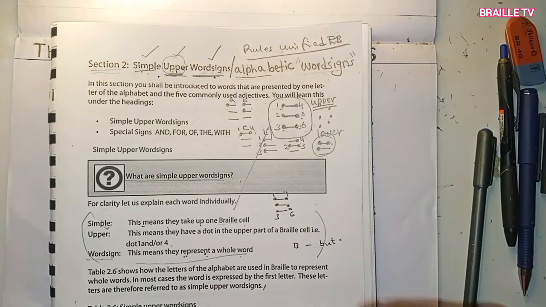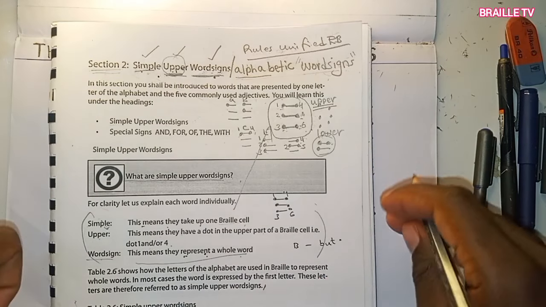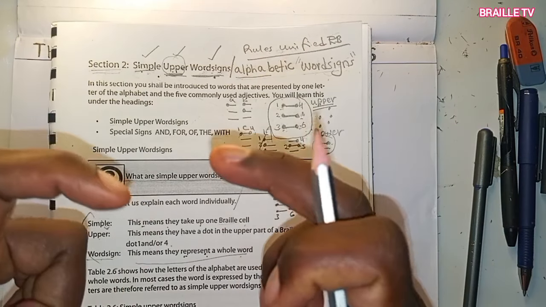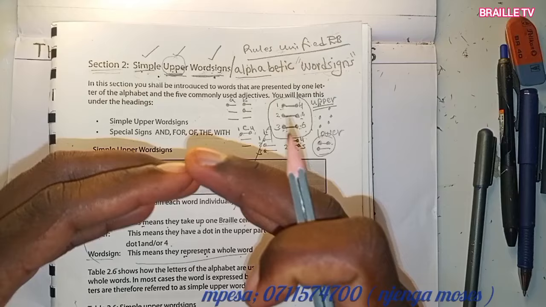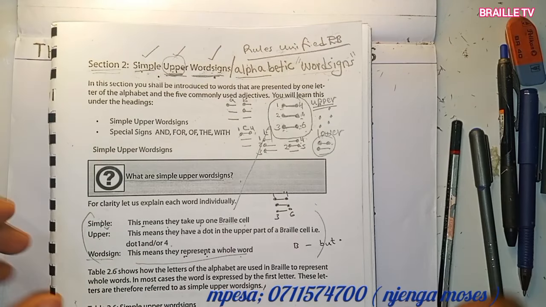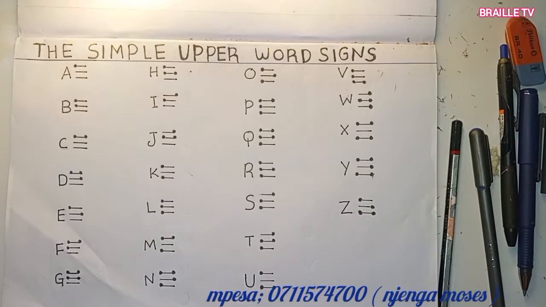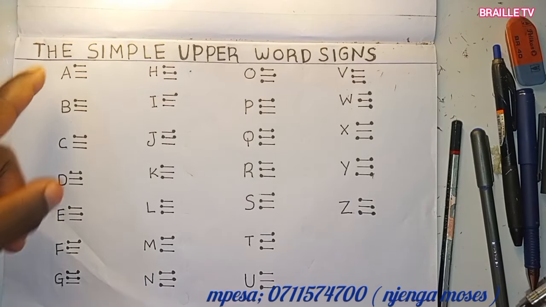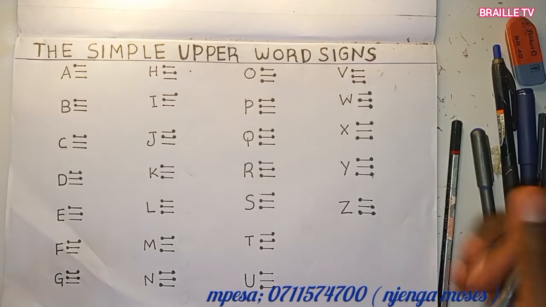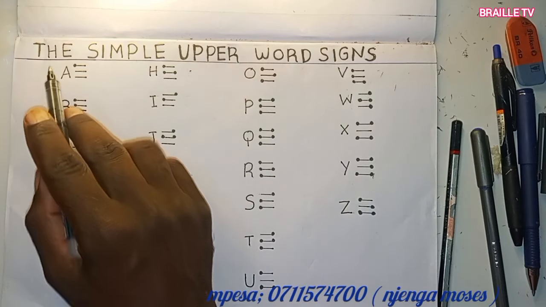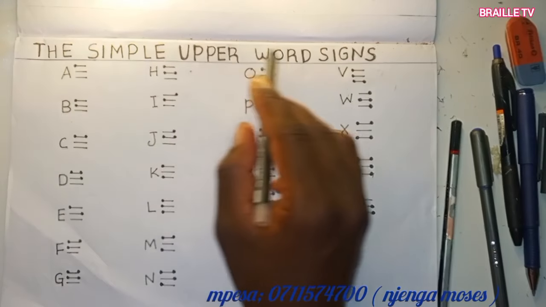Now let us write those letters of the alphabet together and then see what word sign each letter represents. Now they are here. I've written them, the letters of the alphabet from A up to Z. Remember, we looked at them in the previous lesson. And remember, in today's lesson, we are looking at the simple upper word signs.